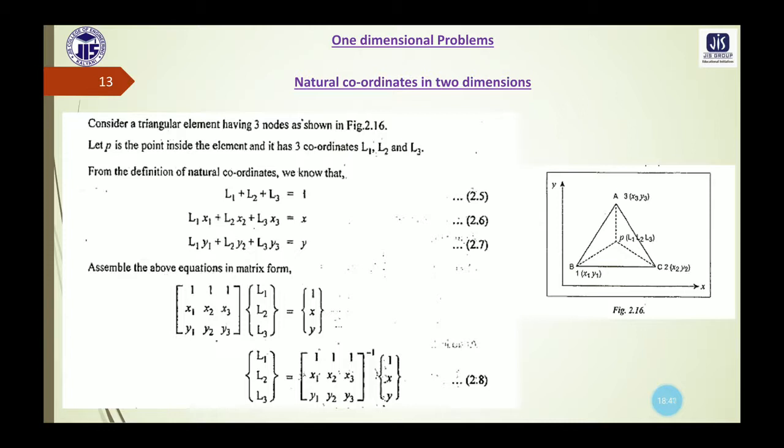So again we need to follow the similar procedure that we discussed in the one-dimensional natural coordinate system. That means we need to find the inverse of this matrix, with rows 1, 1, 1, then x1, x2, x3 and y1, y2, y3.